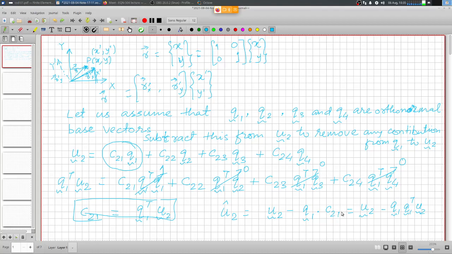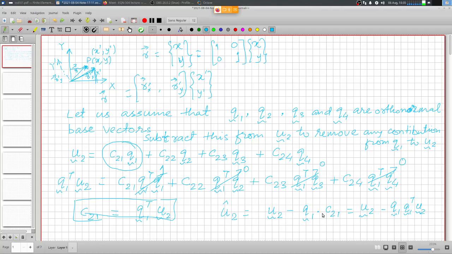So what have I done? u2 had this much contribution coming from q1, and this is what I quantified knowing q1, and then I removed these traces from u2.